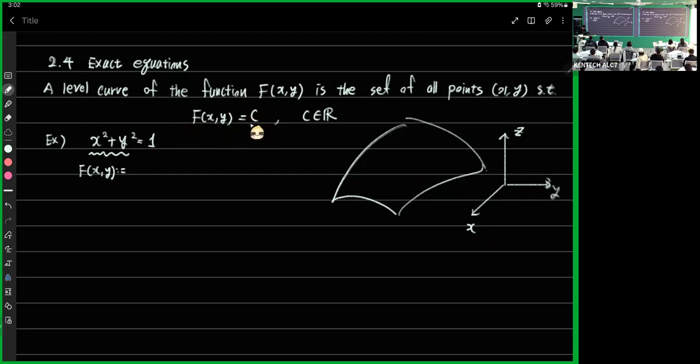The function value represents the z value in three-dimensional space, where c is a fixed constant.